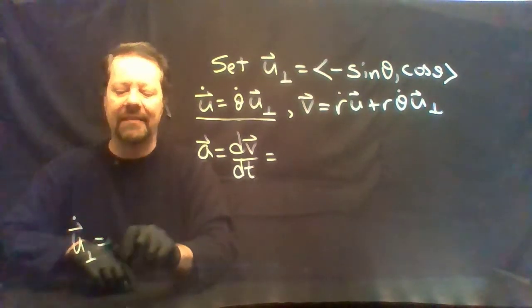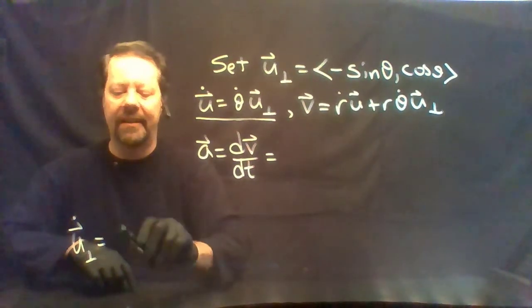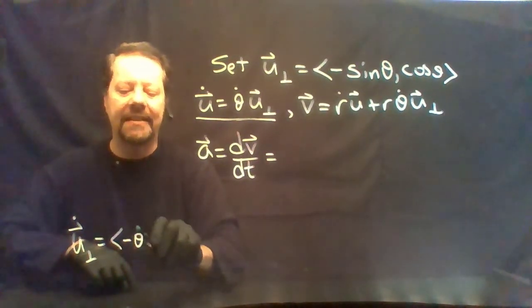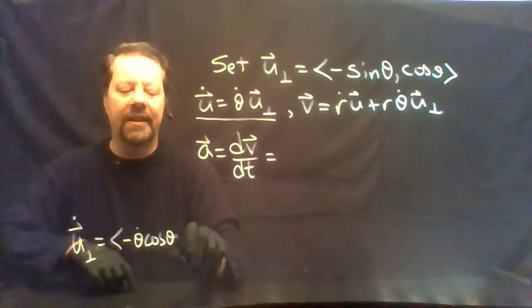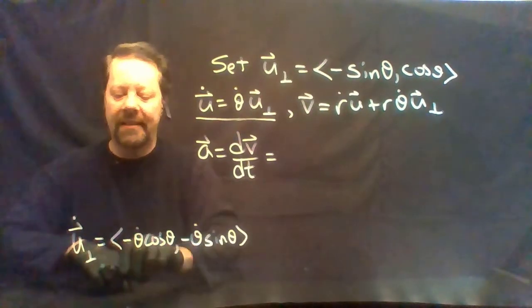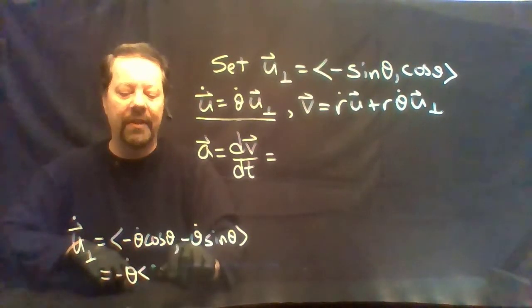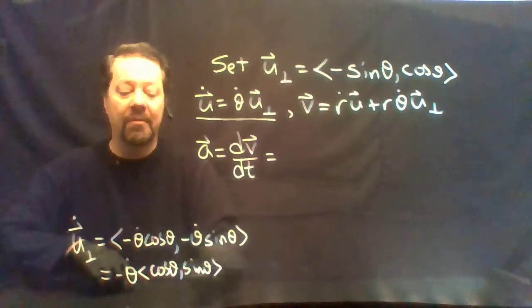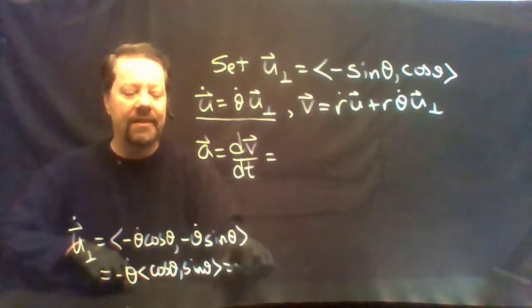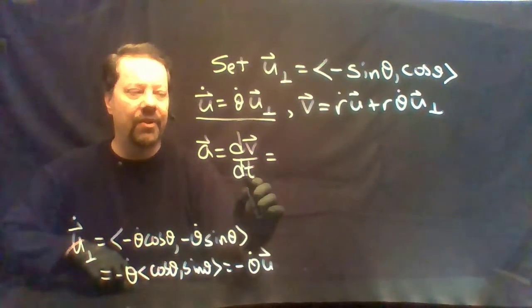U perp dot. If u perp really is minus sine theta, cosine theta, we're going to get minus theta dot cosine theta, minus theta dot sine theta. If we factor out the minus theta dot, we end up with cosine theta, sine theta, but that's the vector u. So we get minus theta dot times the vector u.